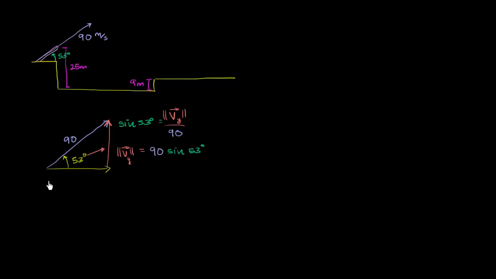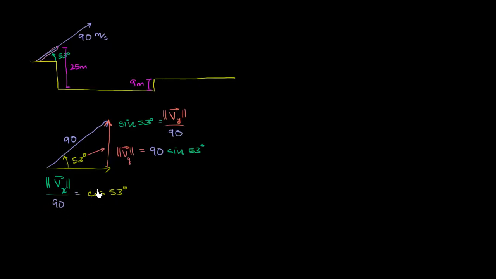Now, if we want to do the horizontal component, the horizontal side is adjacent to this angle. Cosine is adjacent over hypotenuse. So the horizontal component of our velocity, in the x direction, over the hypotenuse, over 90, is equal to the cosine of 53 degrees.